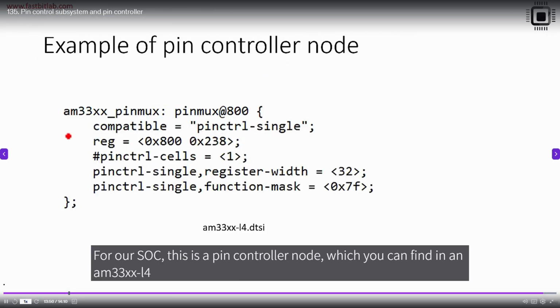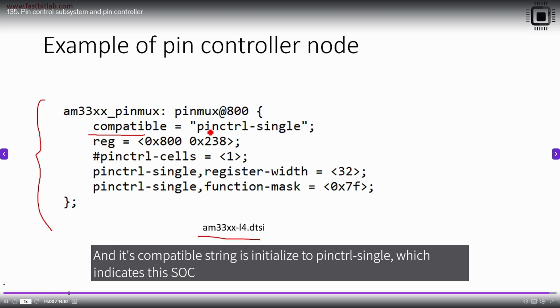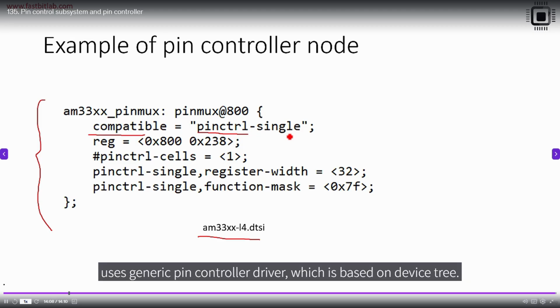For our SoC, this is a pin controller node which you can find in am33xx-l4.dtsi. And its compatible string is initialized to pinctrl-single, which indicates this SoC uses the generic pin controller driver, which is based on device tree.